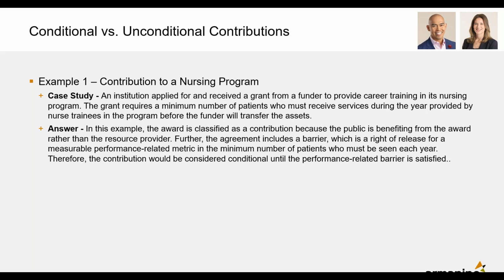So this organization has indicated that this contribution would be considered conditional until those performance-related barriers are satisfied. Now, like Brenda mentioned before, if the nonprofit is satisfying those performance-related barriers as they go along, then certainly there's an argument for some type of allocation and recognition of that award as they're performing the services and serving the patients.